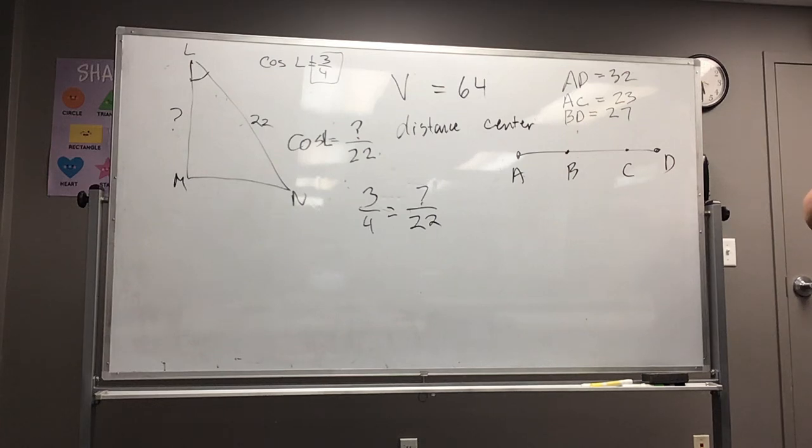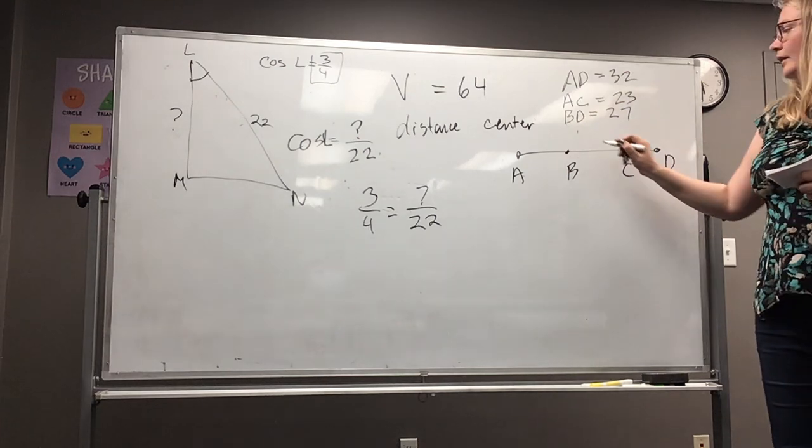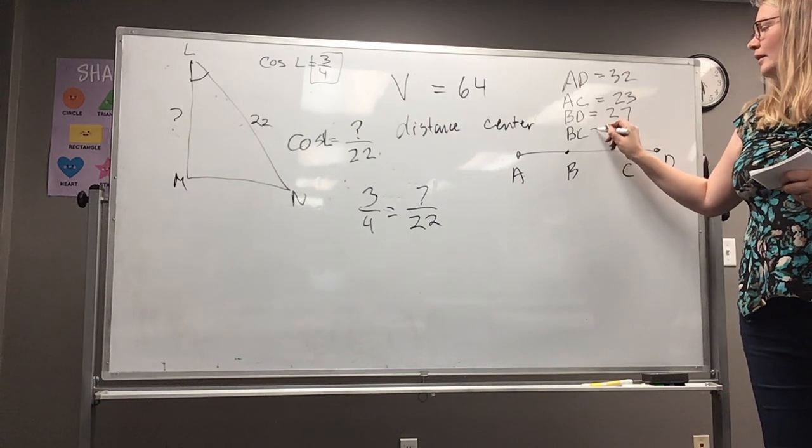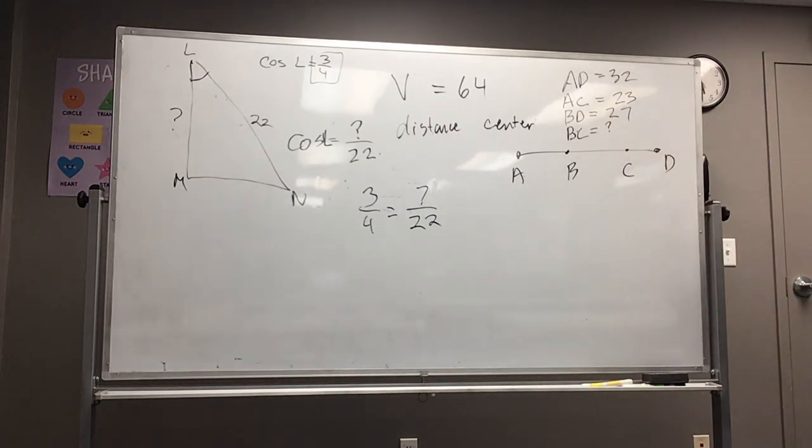How many units long, if it can be determined, is BC? This is problem 31. We are about halfway through.